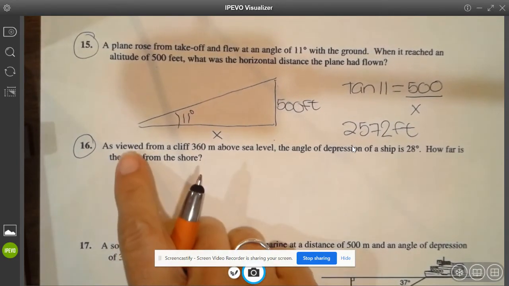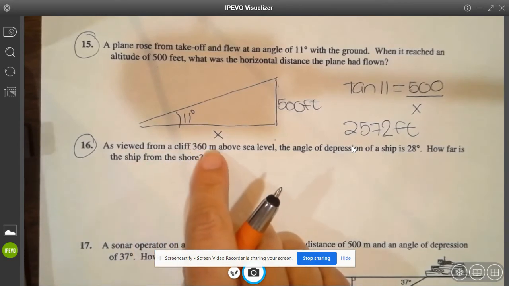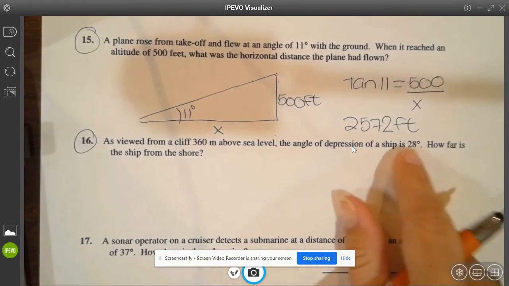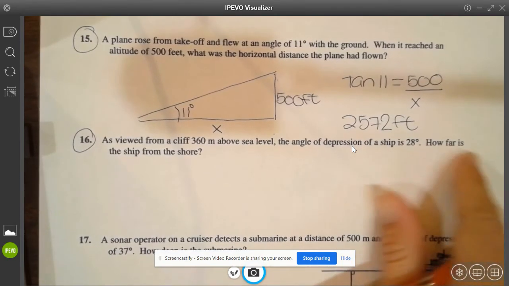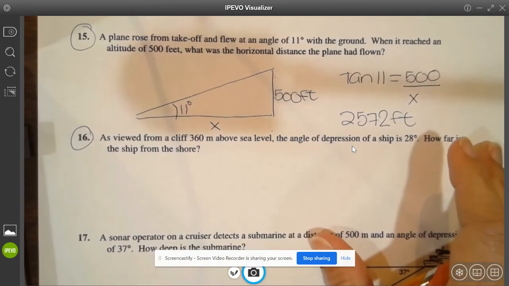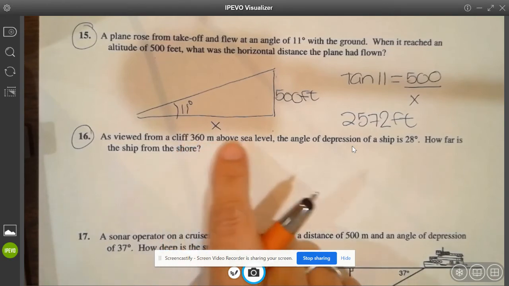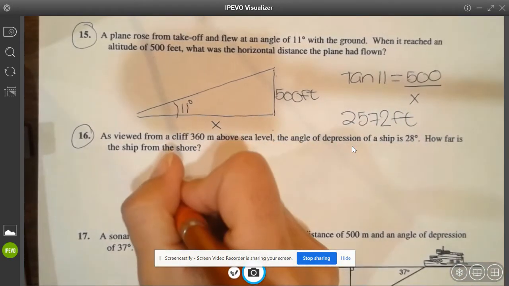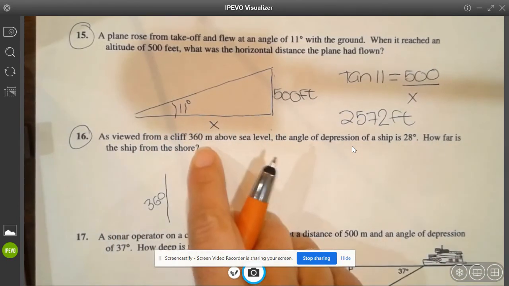As viewed from a cliff 360 meters above sea level, the angle of depression of a ship is 28 degrees. How far is the ship from the shore? All right, so as viewed from the cliff above sea level, that's 360 meters above sea level.